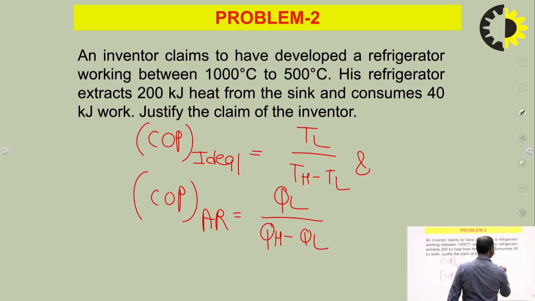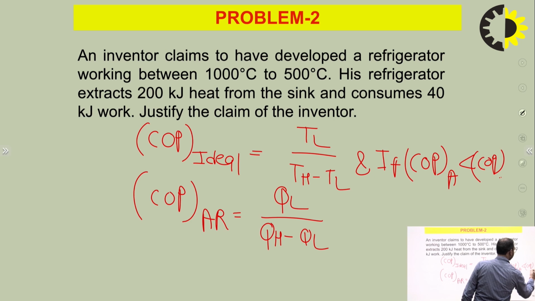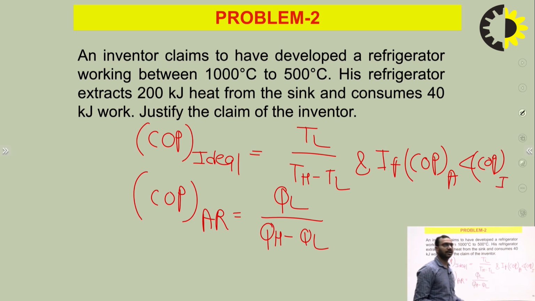And if COP of actual is less than COP of ideal, we can say that the inventor's claim is feasible. And if COP of actual is greater than COP of ideal or theoretical, we can say that this claim is infeasible.